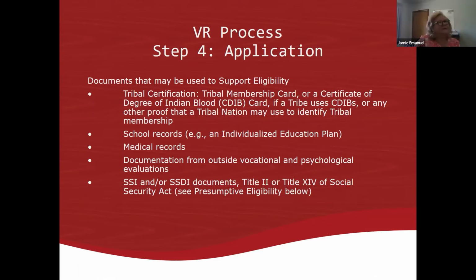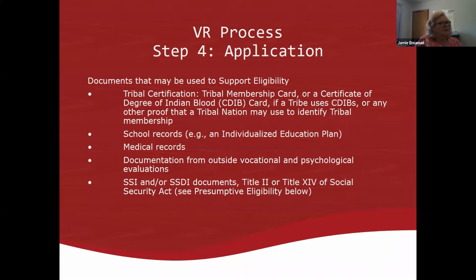Yeah, slide 16. Okay, so we're at the point now where, as we were talking in the chat and discussing, we're trying to get documentation to support the claim of disability or to support the eligibility determination. Some of the documentation that most programs use are the tribal certification or the tribal membership card, a certificate of degree of Indian blood or a CIB card.